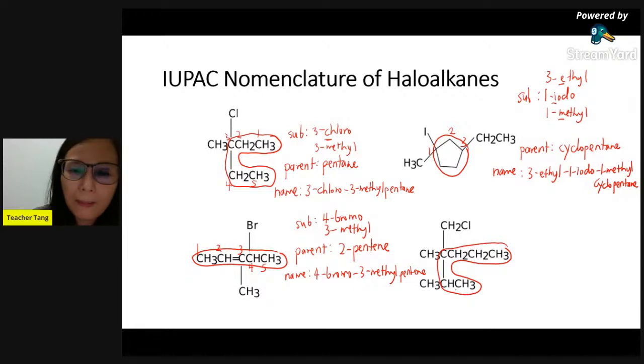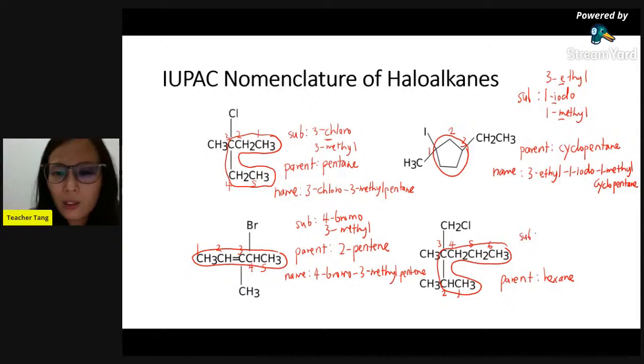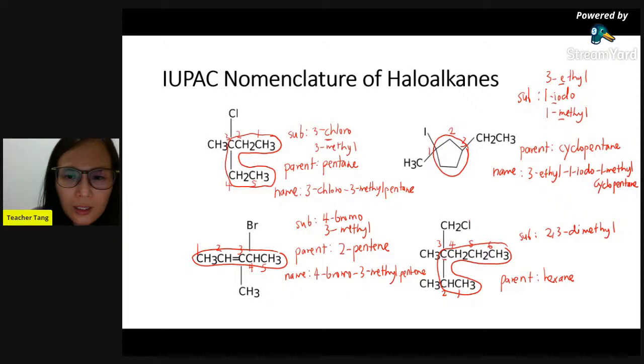So it's 1, 2, 3, 4, 5, 6. So the parent is hexane. For substituents, we have 2,3-dimethyl, and another one on your third carbon. So this is the substituent.